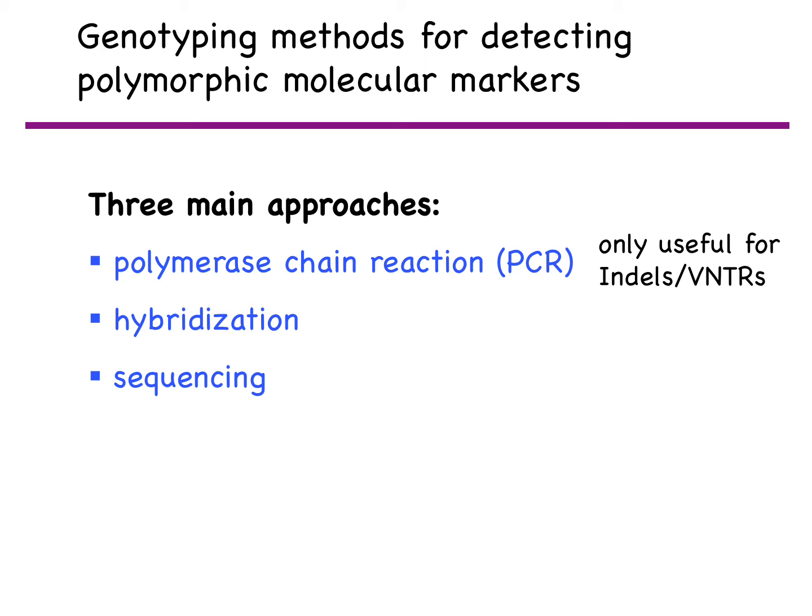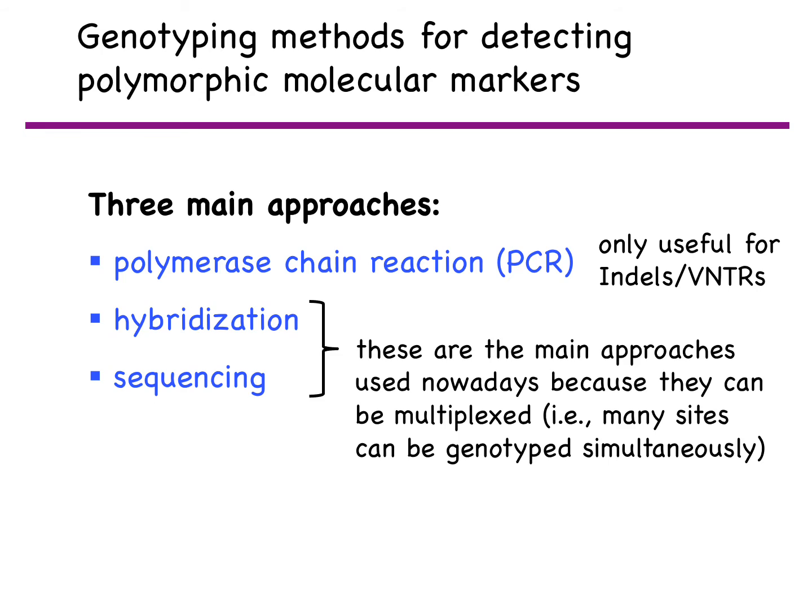The polymerase chain reaction is really only useful for identifying indels and VNTRs, and I'll demonstrate that in a subsequent slide. Hybridization and sequencing are the main approaches used nowadays for mapping these genes, mostly because they're very easily multiplexed.